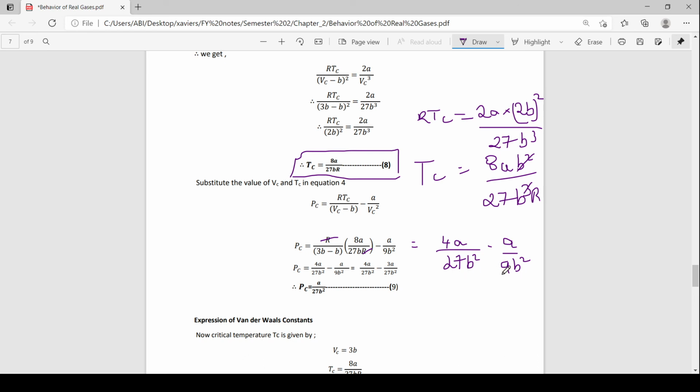Now I want to keep the denominator as 27B square, so I take the LCM, so I get 4A over 27B square. To make this 27, what do I have to do? I have to multiply and divide by 3. So I multiply my numerator by 3, and 3 into 9 will give me 27.